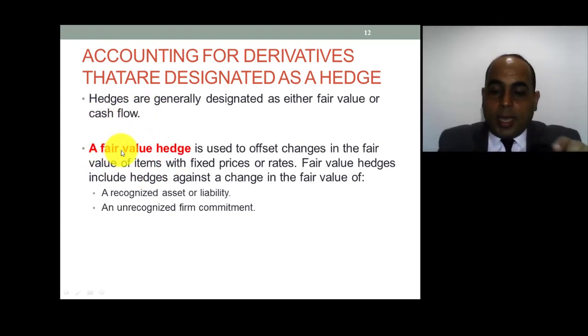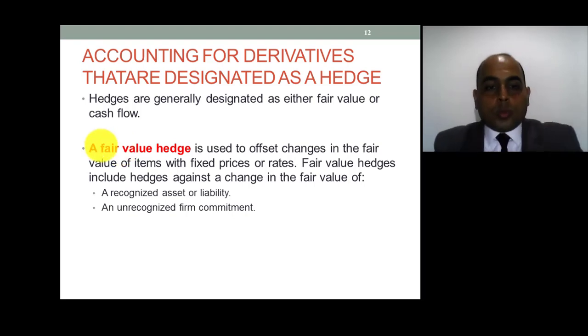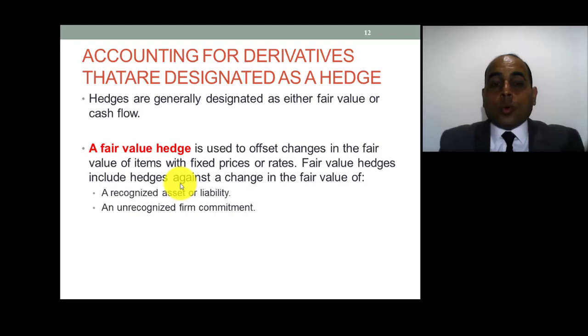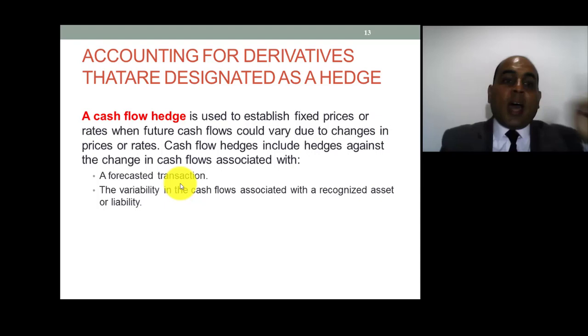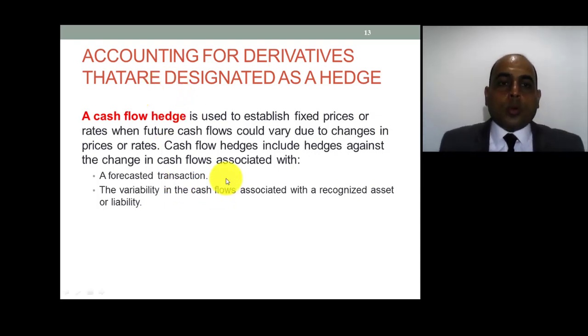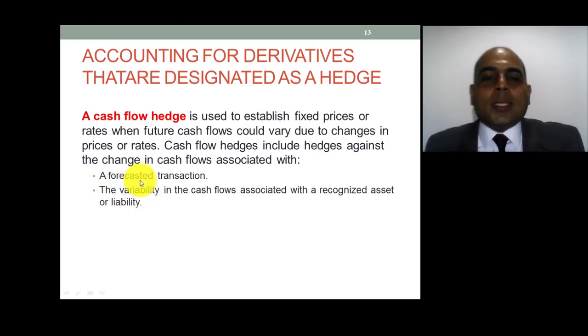So as we entered into a fair value hedge, because we already have the recognized asset or liability, we will recognize the amount of gain or loss in the income statement as period income or period loss. On the other hand, we may enter into a forward contract or future contract, or whatever contract, to protect us against a forecasted transaction.